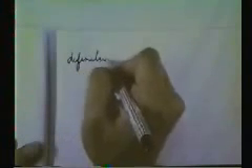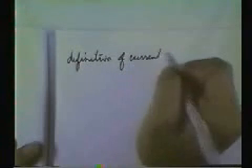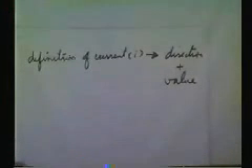So the definition of the current has direction plus the value. You have to have direction and the value.